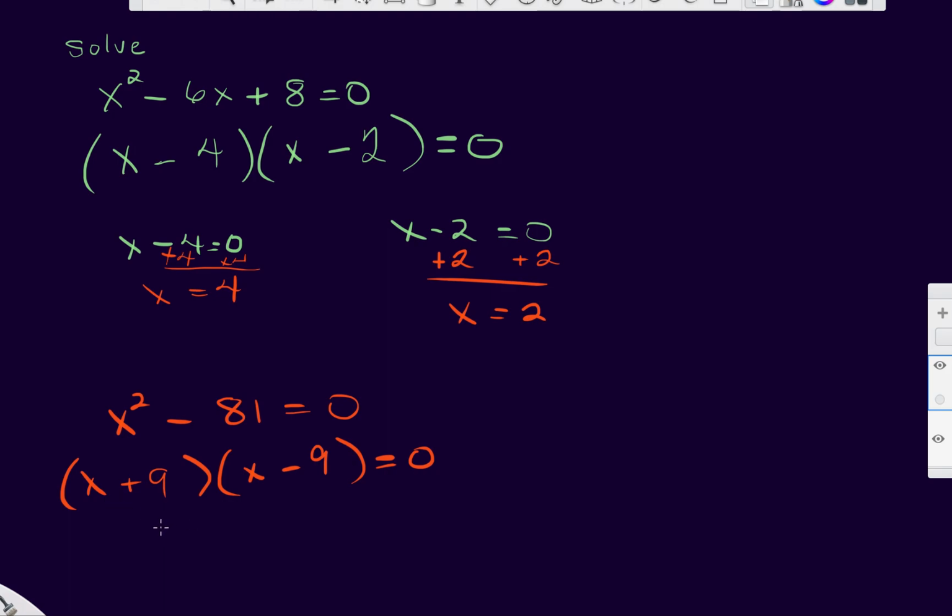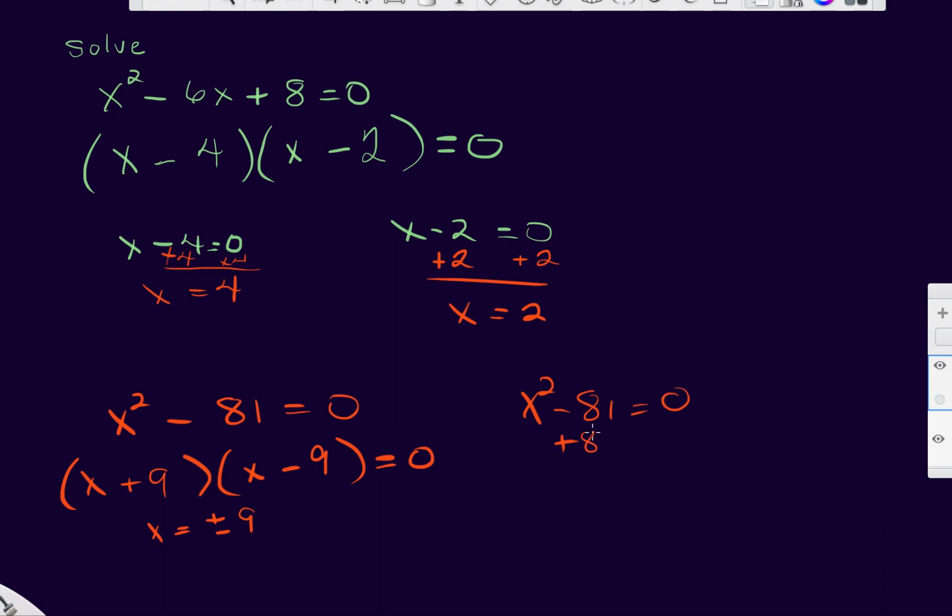We could say x is plus or minus 9, because that's what you get. You get positive 9 to make this one 0. You get negative 9 to make this set of parentheses 0. Either way, we win. Or you can solve it like we did before. X squared minus 81 equals 0.